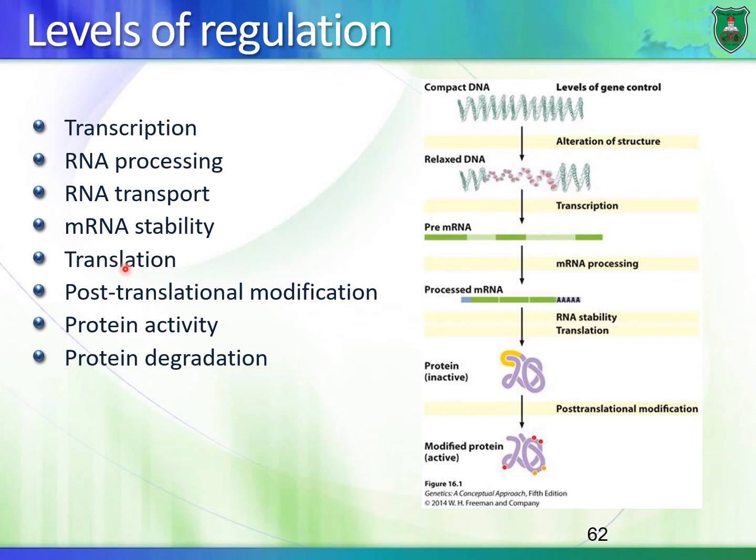We talked about translation and regulation of translation. You also have post-translational modification of proteins, like glycosylation, phosphorylation, and so on. In biochemistry, we talked about protein activity, like enzyme activity, and how this is regulated as well. And finally, protein degradation. All of these different processes are controlled and well regulated, and that's what makes us human beings.